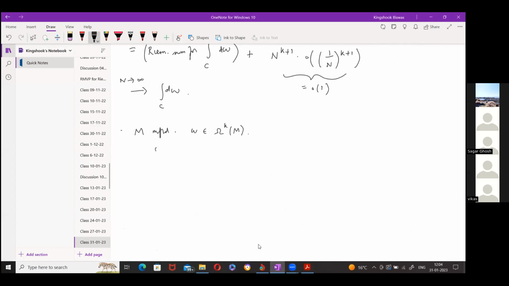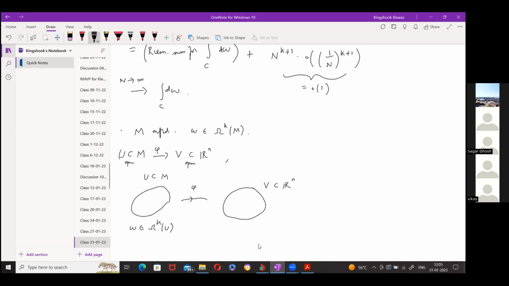Yeah. So suppose phi is a chart. So if I have omega here, this is a K form on U. Since phi is a diffeomorphism, any K form on U comes by pullback of a K form on V, right?